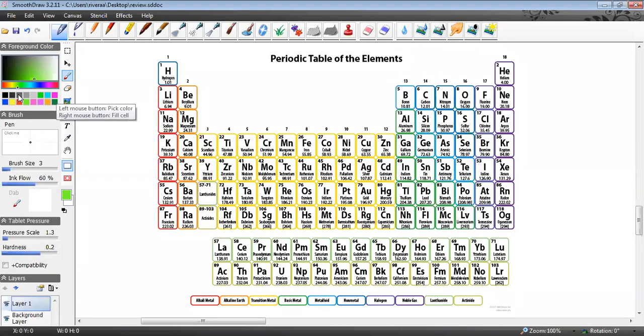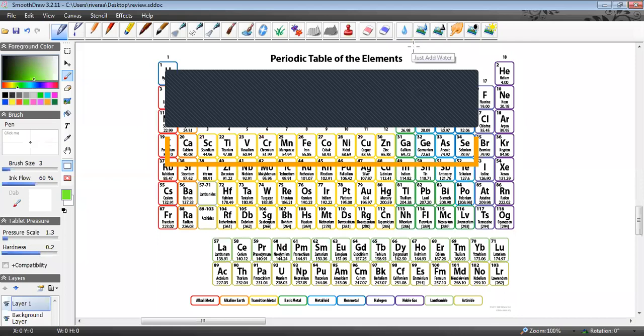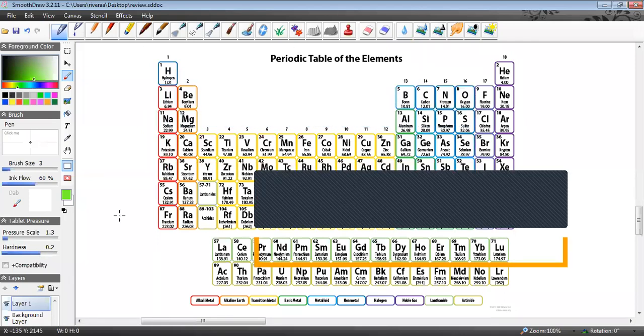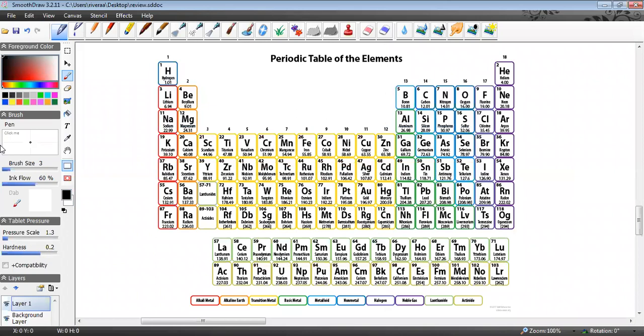Okay, so, I want the black pen. Okay, so my black pen. First trend I want to show you guys is radius.